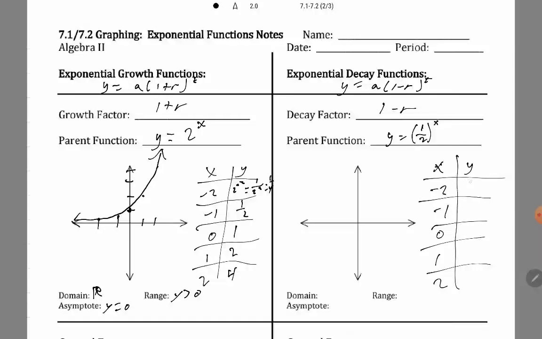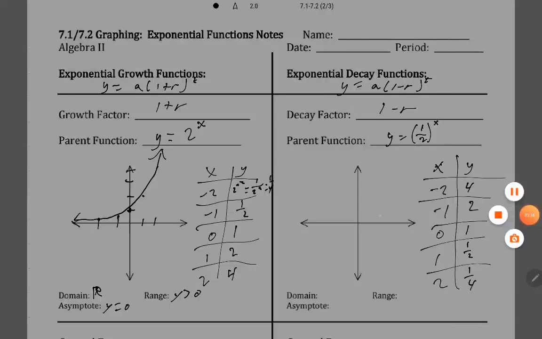So when we plug in -2, remember we're going to flip the fraction and make the exponent positive. So this is actually going to be 2 squared, which is 4. This will be 2. This will be 1. This will be 1/2 to the first, which is 1/2. And this will be 1/4.